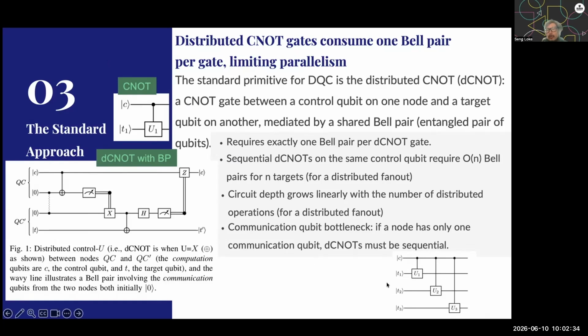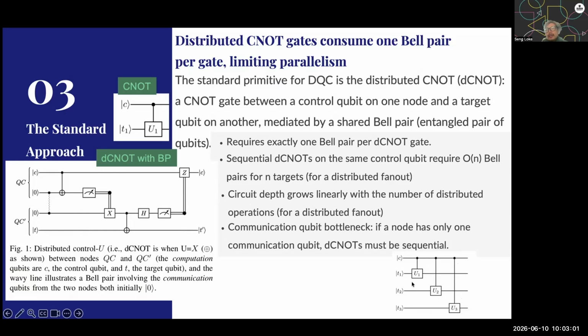So imagine you have 4 nodes and 4 qubits, C, T1, T2, T3, one on each node. And what we want to do is to execute this sequence of CNOT operations, right? Or not really CNOT, or control U1, control U2, and control U3 operations more generally, right? And of course, when the U's are X, then you got CNOT operations.